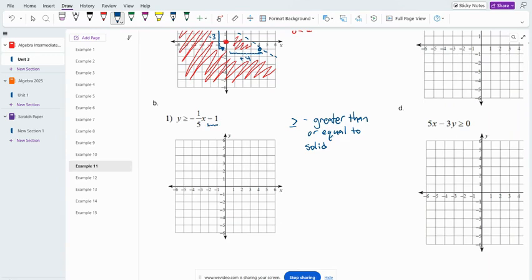Again, we'll start at -1. Our slope is -1/5, so I'm going to go down 1 over 5. We can also go up 1 and over 5.